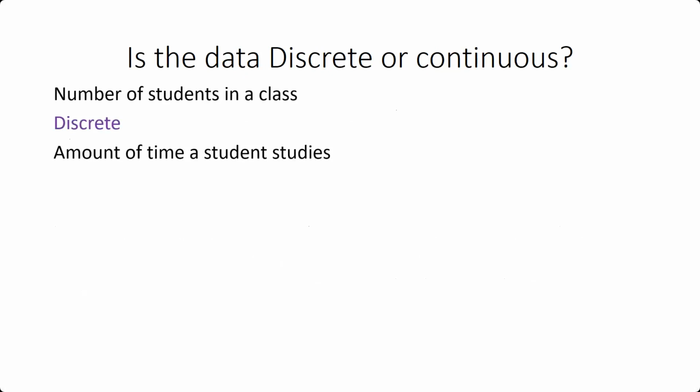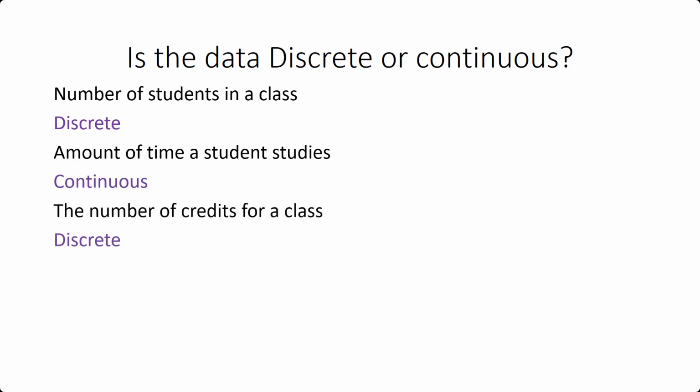You could study for 5 minutes. It's continuous because there can be decimals and fractions. The number of credits for a class. Discrete. You either have 1 credit, 2 credits, 3 credits. They do not have a half a credit. So it is discrete.